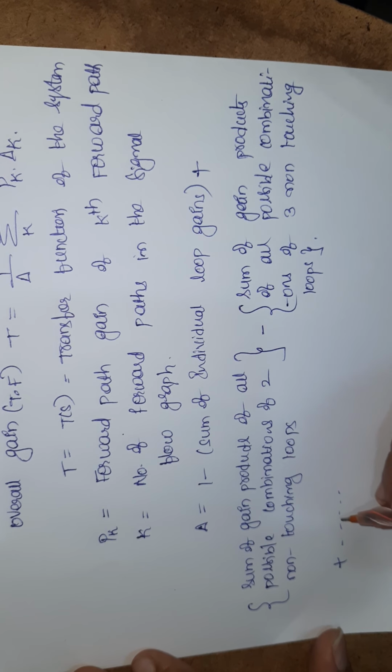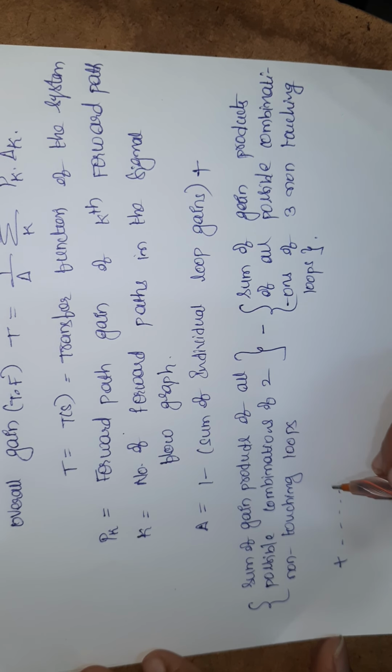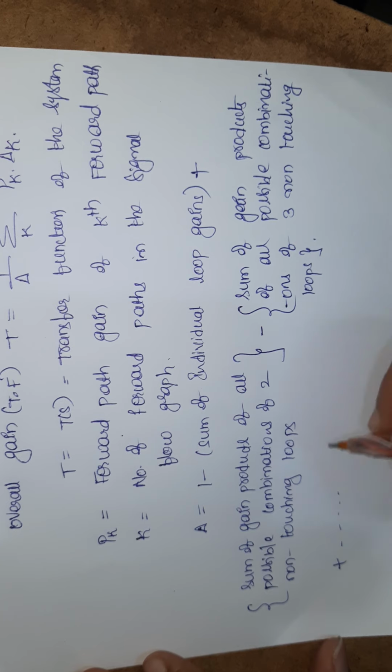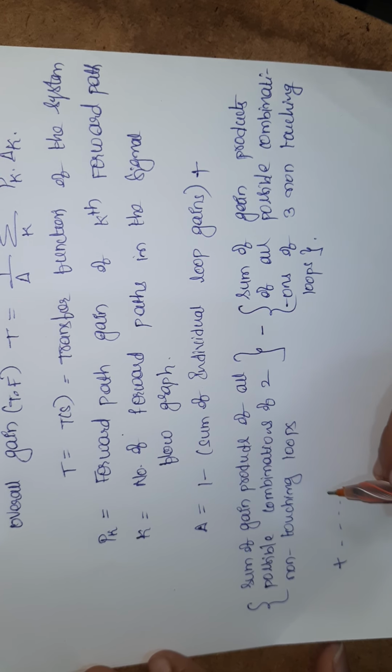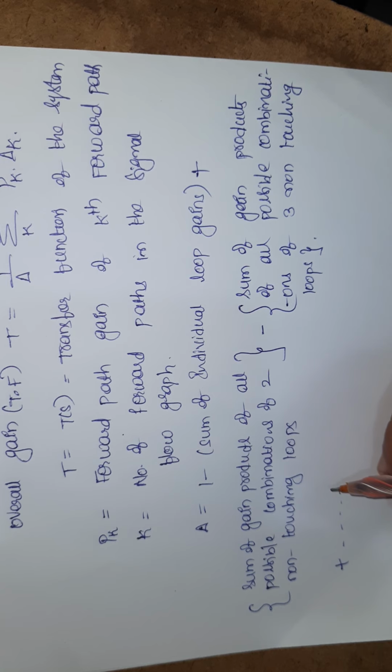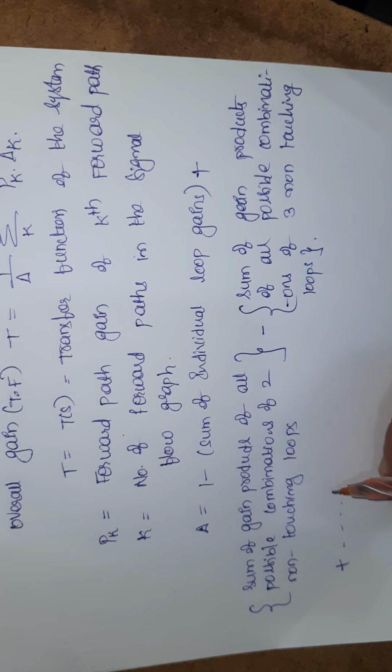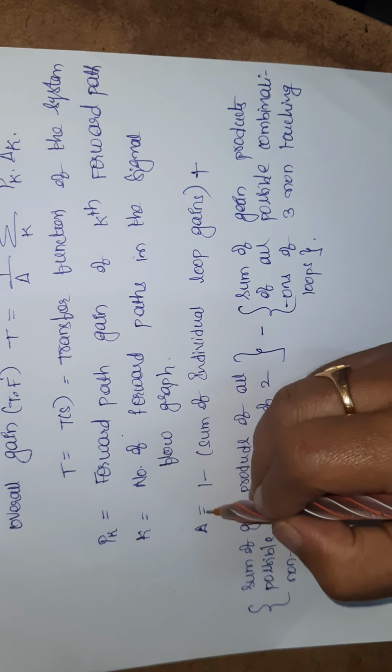Next the formula may have the sum of gain products of possible combinations of four non-touching loops. So first we have to see how many forward paths we are having and how many non-touching loops, two non-touching loops, three non-touching loops, like that first we have to see.